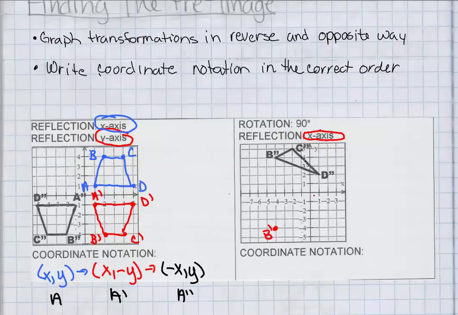B prime. C double prime is 5 above the x-axis, so we'll go 5 below to be C prime. And then D double prime is 2 above, so D prime will be 2 below.